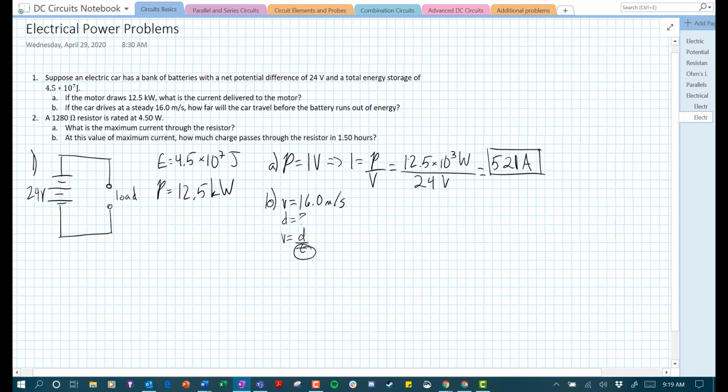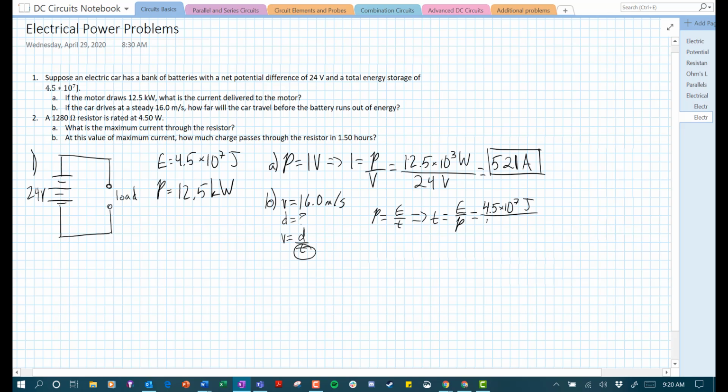We can use this other fact about power from our definition of power. Power is just going to be energy over time. We know the power, we know the total energy, so we can find the time. So that means our time is just going to be energy over power. Our energy is 4.5 times 10 to the 7 joules.